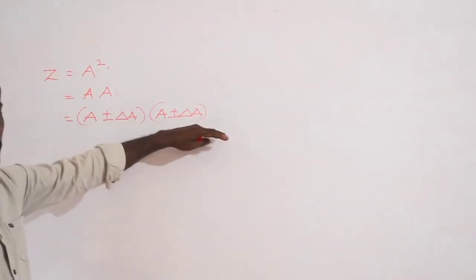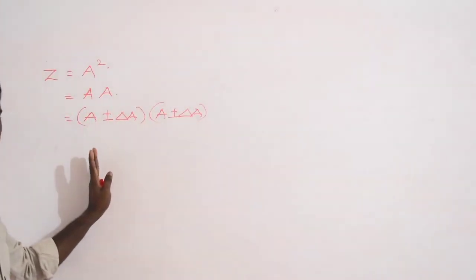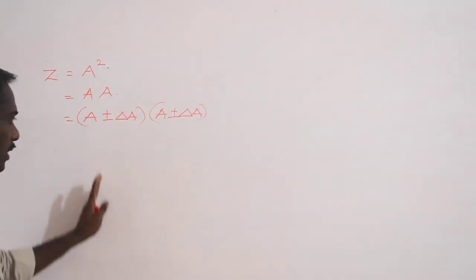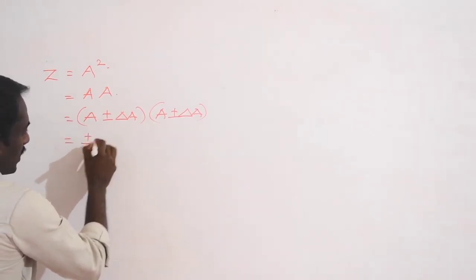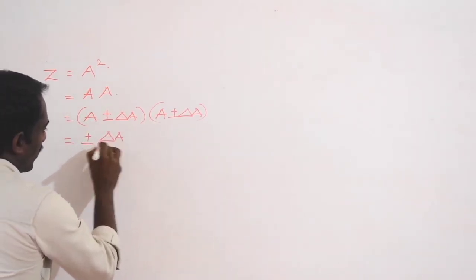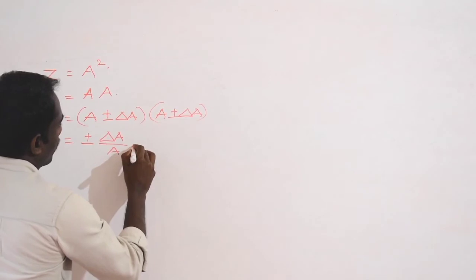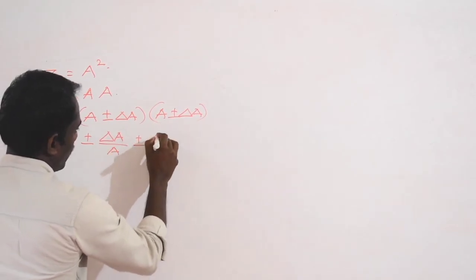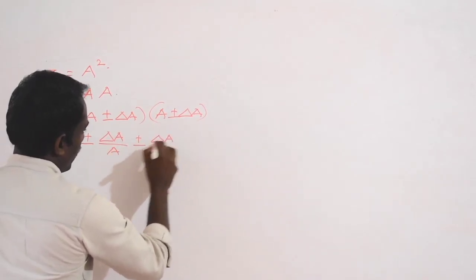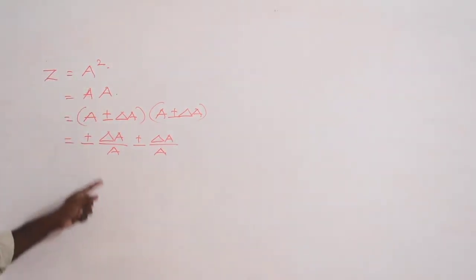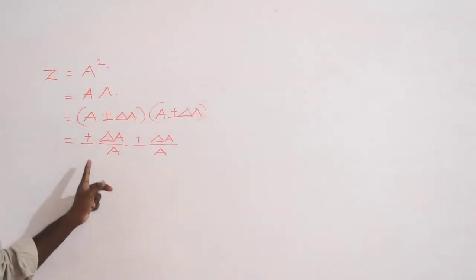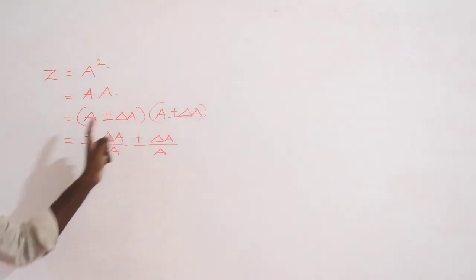For the two products we have already proved, so directly we can write that it will be plus or minus delta a divided by a plus or minus delta a divided by a. That will be the maximum relative error in this product.